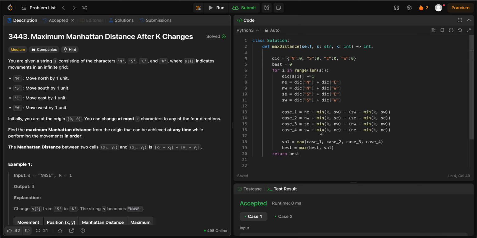For the northeast value, you are adding the values of N and E, and then you're minusing the opposite direction minus whatever changes can occur. Then you are calculating the best value between all these cases, and then you update the best value.